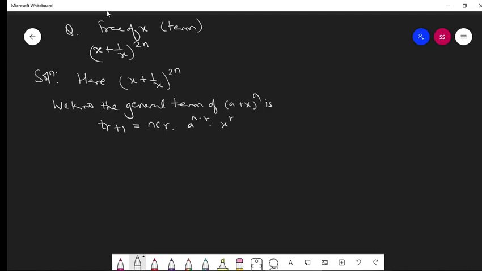Then n is 2n, C(2n,r), in brackets we can use a to the power 2n minus r times x, means the second term is 1 by x to the power r. So x to the power 2n minus r times x to the power minus r.